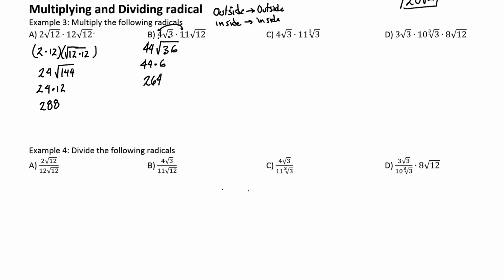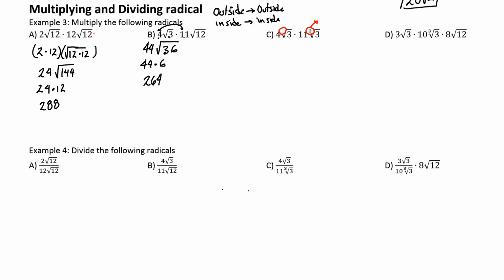Now, there is a little caveat, okay? Normally speaking, whenever we have a different index, and you'll notice this in example C, we won't be able to do it by this method alone, okay? Because it simply will not work. Normally, what we need to do is convert the radicals into rational exponents.